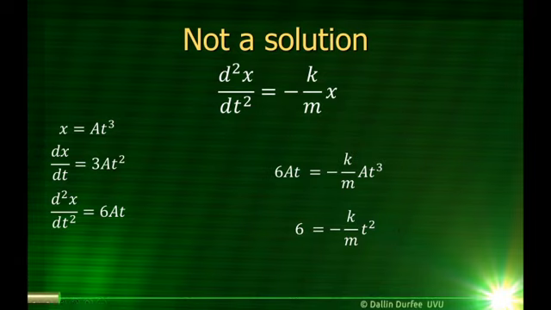The time has one value, but time doesn't have one value. Time goes on, right? I take my mass on my spring and I stretch it and I let it go, and x changes with time. And time, I can evaluate this at any time, but this is saying no, time is just one number. That doesn't make sense. So this is wrong. And x equals a t cubed is not the solution to this equation.